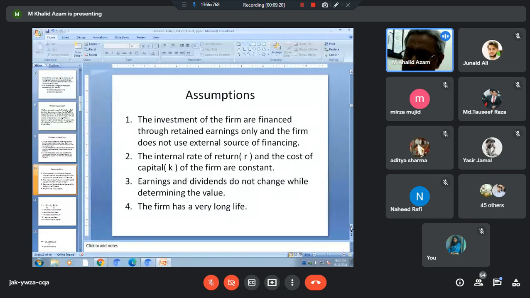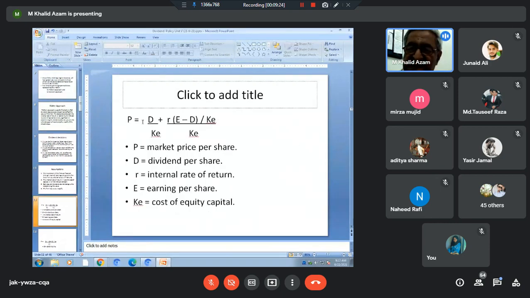Four main assumptions he has made, and based on that, this was the formula which we have considered. This P is the price of the share, so market price per share, that is the P. Somewhere you will find it written as P0. P0 means the price of the share in the beginning of the period.